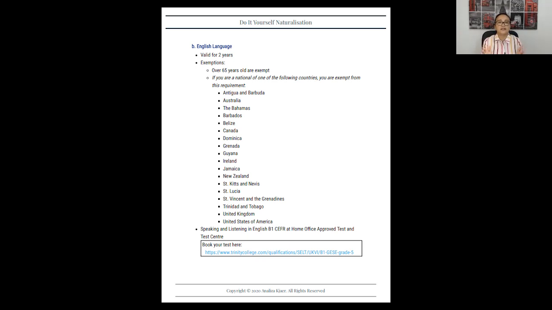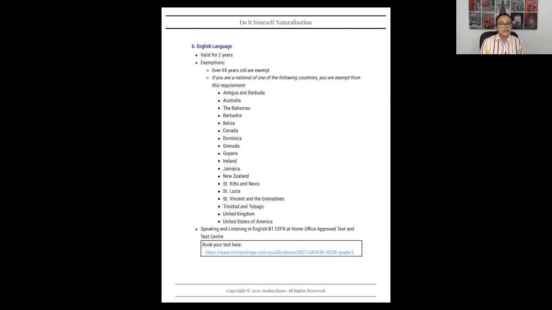It may be your birth certificate from the country or your passport. And it says here, Antigua, Australia, Bahamas, Barbados, Belize, Canada. So all these countries, sorry, I've included United Kingdom, but that shouldn't be there. But it's one of those English-speaking countries.